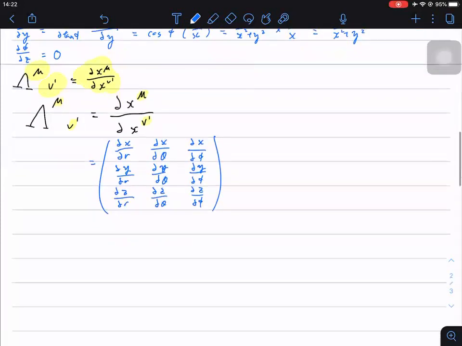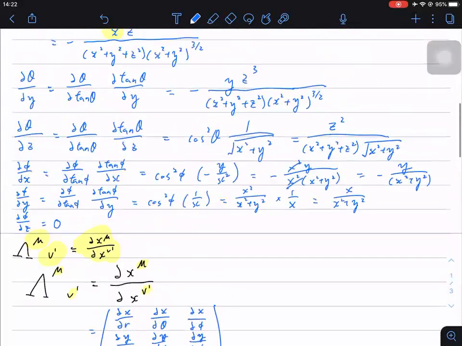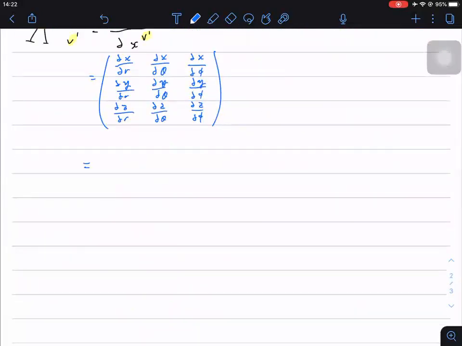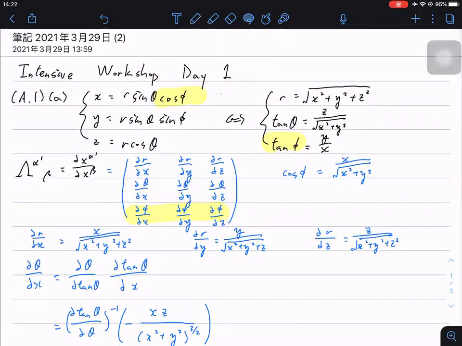And this time the derivative is much easier to calculate. Let me copy the definition down here.